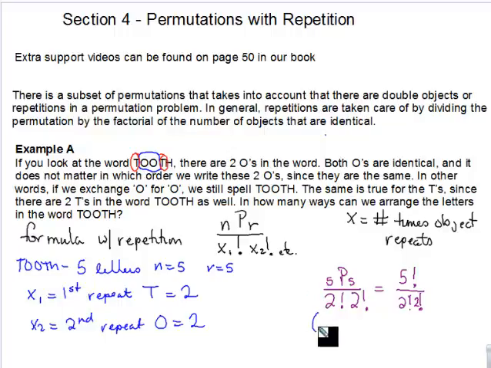You would want to put parentheses 5 factorial divided by, and then parentheses 2 factorial times 2 factorial, like that. So when you enter it, that's how it enters into the calculator.